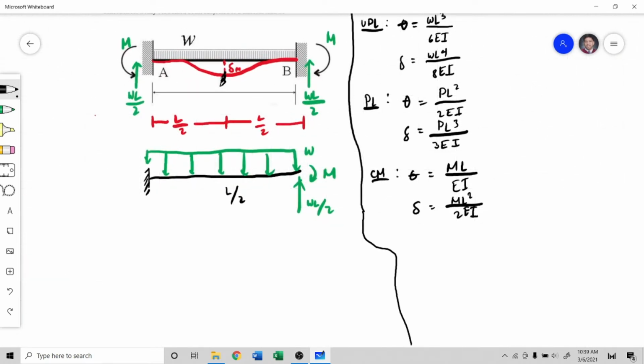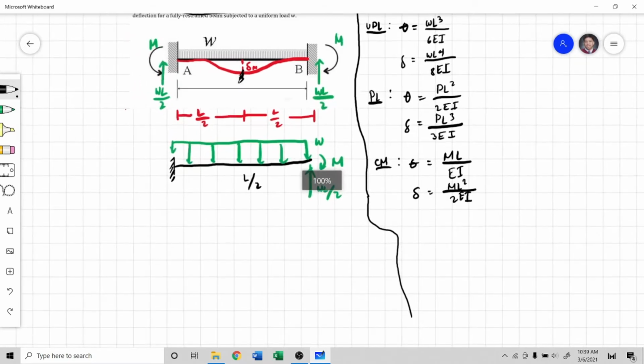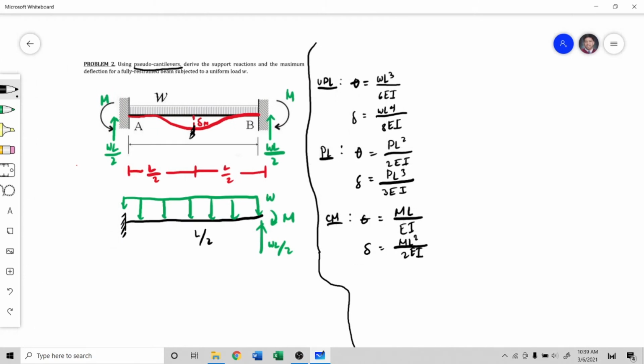Now, ang tanong, alin dito yung i-apply natin para ma-solve si M? So obviously, hindi natin pwedeng gamitin si delta. Dahil si delta, hindi natin alam yan. No? Unknown pa yan. Pinapahanap sa atin yung maximum deflection. So what we can actually use is yung theta natin. Now take note natin, no, at the free end of the pseudo-cantilever section, ayan yung ating fixed support sa real beam natin.